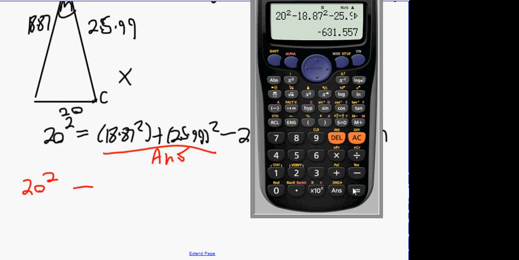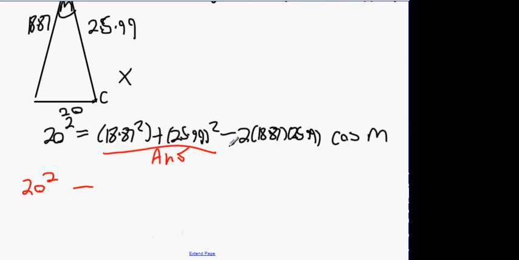What we're going to get here is minus 631.577. I'm not going to round off anything at the moment.